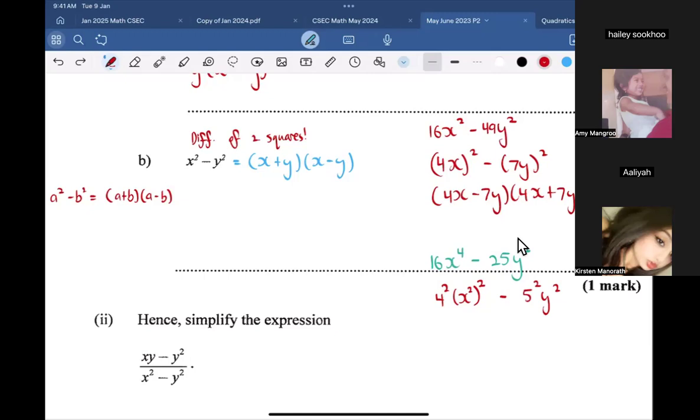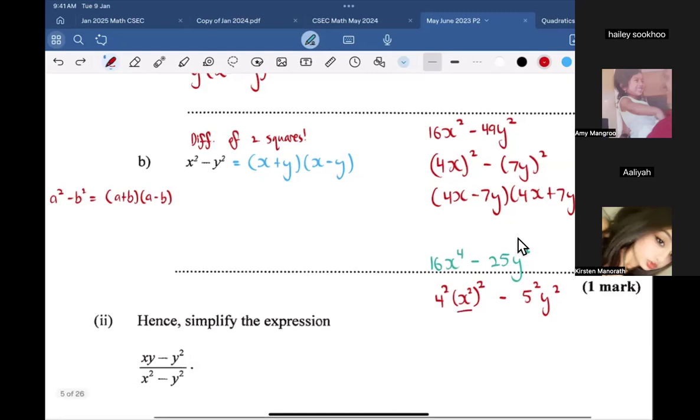Anyways, what we need to do is write it as a squared term. So x to the power 4 means x squared, squared, because where's x squared by x squared? X to the power 4. So we write it as a squared term, and in doing that, we can now write it as 4x squared, all to the power 2.